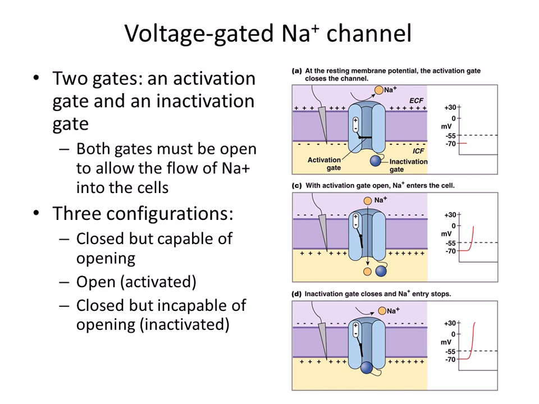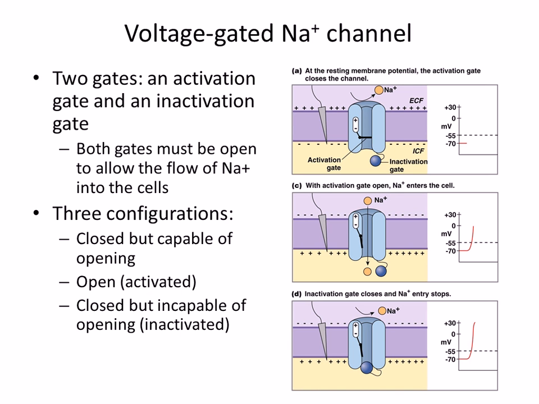So what that means is that we actually have three states in which we exist. We have a closed state but capable of opening. We have an open state, and then we have a closed state again, but needs to be reset or incapable of opening. And so what you have to do is go through all three steps.